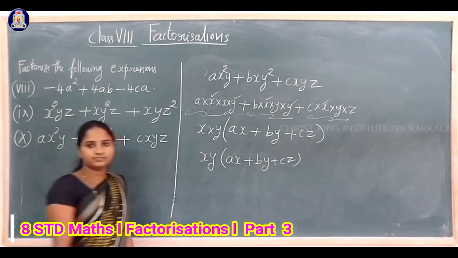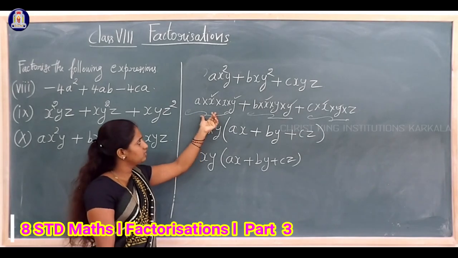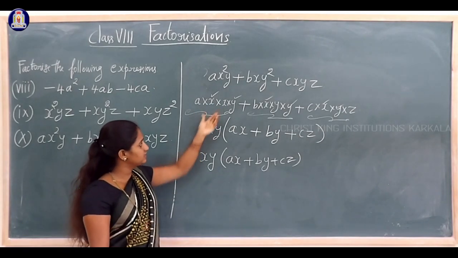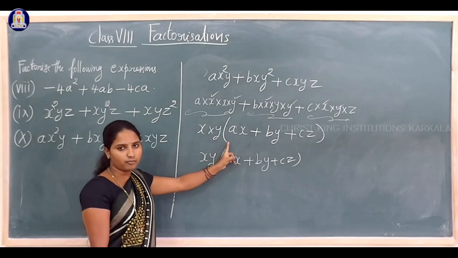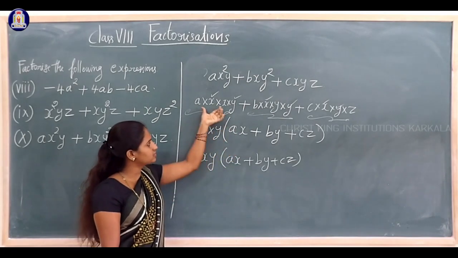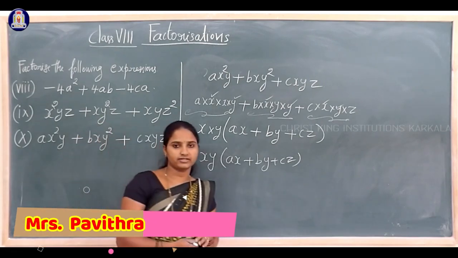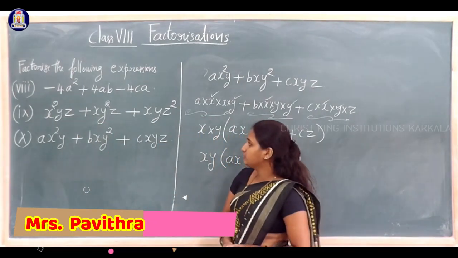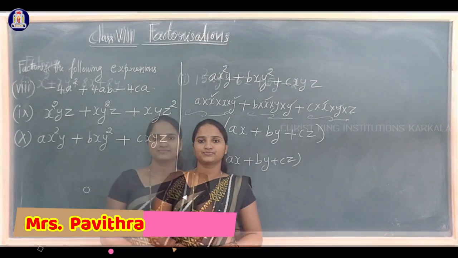In these terms, we can see that x is the same in all of them and y is the same. So that is the common factor. The remaining terms you write inside the bracket. Clear? So this is the 10th question, factorization of a given algebraic expression, the last question. Clear? Thank you.